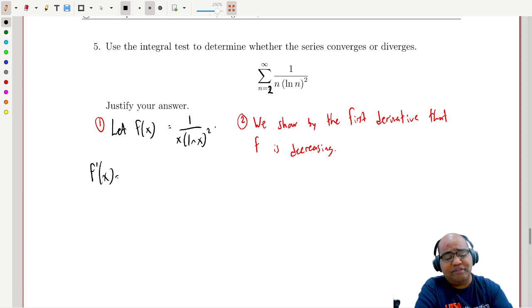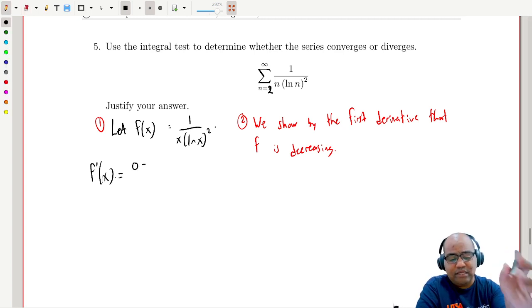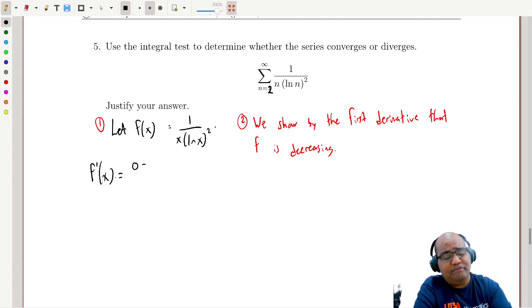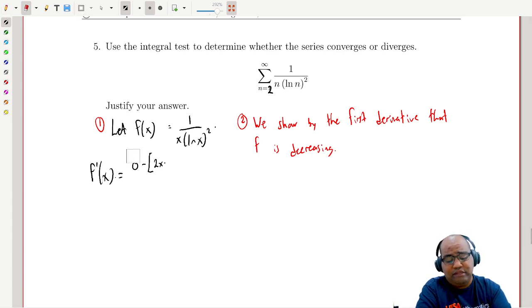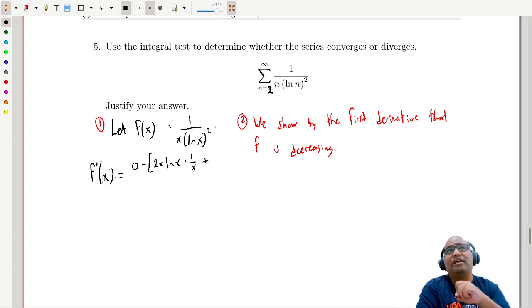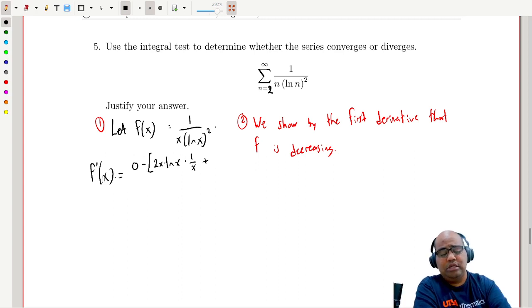So bottom times the derivative of the top. Well, the good thing here is that the derivative of the top is 0. So we'll have 0 minus top times the derivative of the bottom. And what's the derivative of the bottom? We'll have 1 times the derivative of the bottom, and that one uses the product rule. So first times the derivative of the second: 2x log x times the derivative of log x, which is 1 over x, then plus second times the derivative of the first.